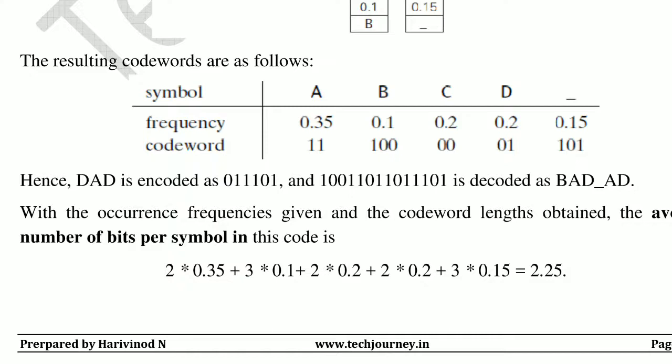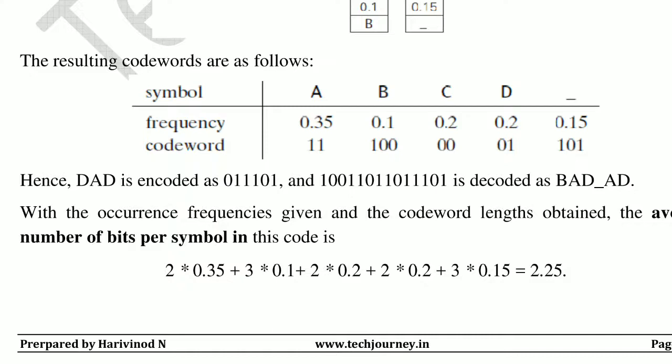Now I have the code word and I have to decode what this message is. This is important. The code word is like 1, 0, 0, 1, 1, a long string. How do I decode? You take the first character of the code, which is 1. Look at your code word table: do you have any character whose code is 1?